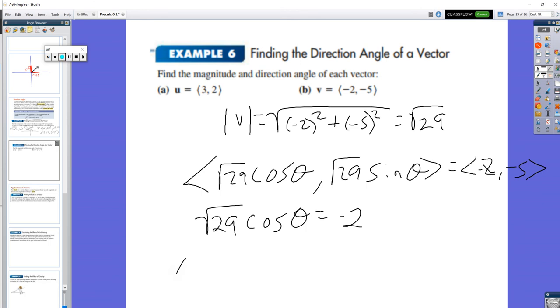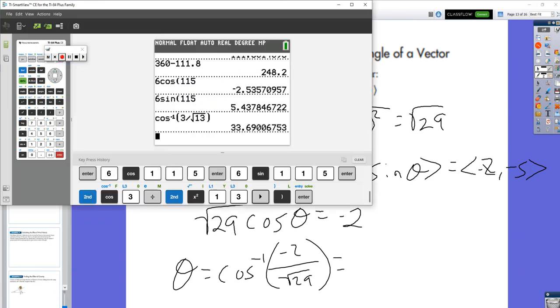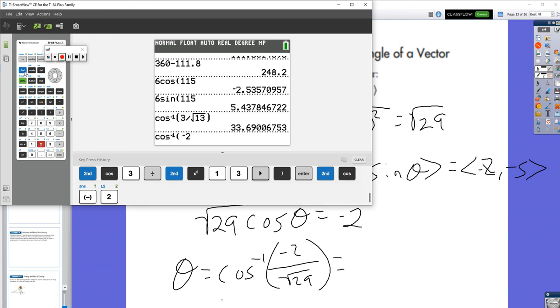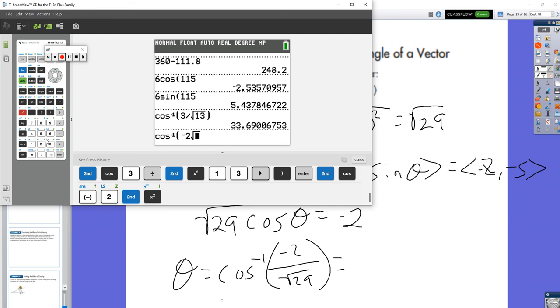So once we divide through and take the inverse, you see that theta is cosine inverse of -2 over root 29. So when you take second cosine of -2, second root, division sign would help, huh?